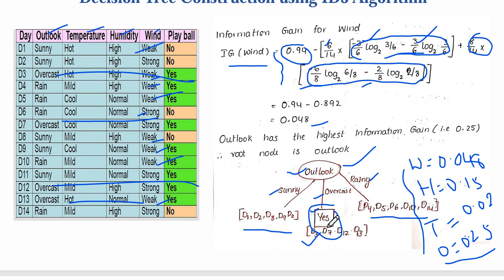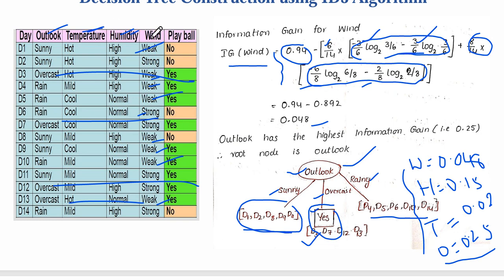Now for outlook equals sunny, we have the 5 records D1, D2, D8, D9, D11. From these 5 records, some are no class and some are yes class. That's why again we have to calculate the gain of the remaining features. What are the remaining features?